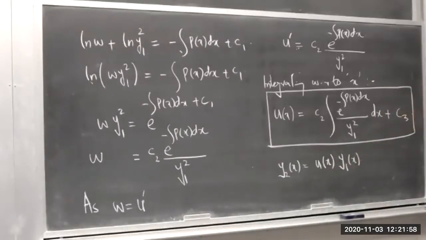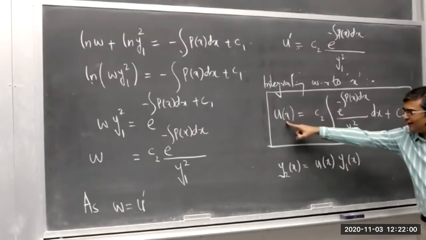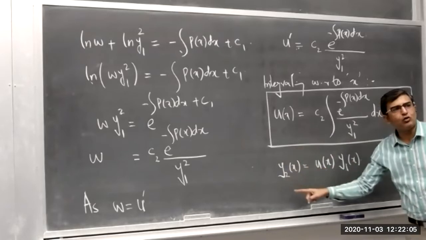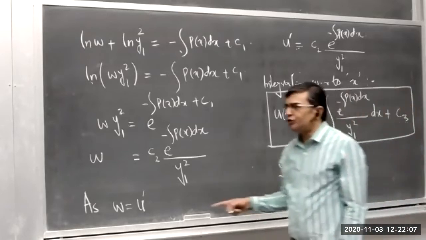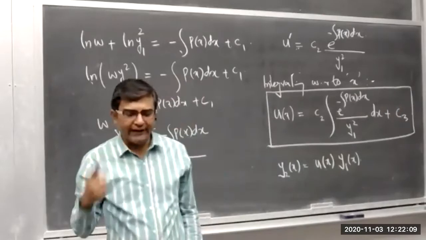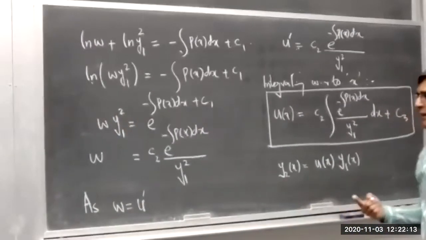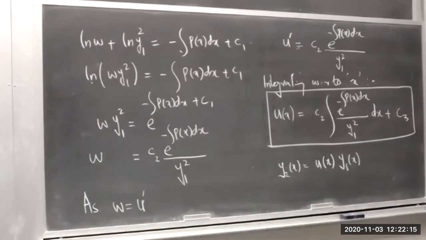Now inserting the value of u here, we can have y2, the second solution of the given second order differential equation, so that y1 and y2 are linearly independent solutions.